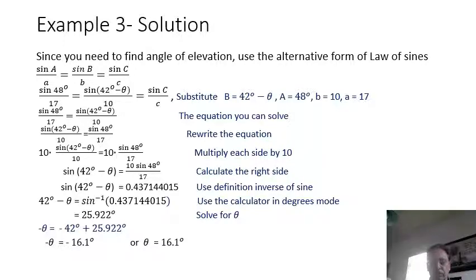And now to solve for theta, you subtract 42 degrees from each side. 42 degrees on the left side cancels out, and on the right side, minus 42 degrees plus 25.922 will give you minus 16.1. So now divide by -1 and you should get theta equal to 16.1 degrees, and that's the answer.